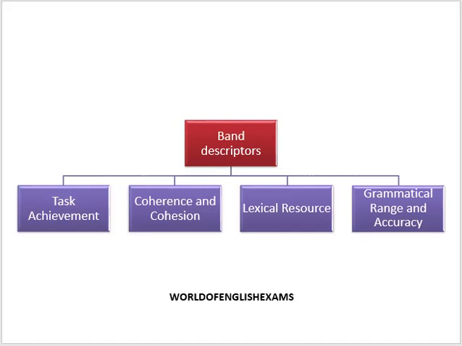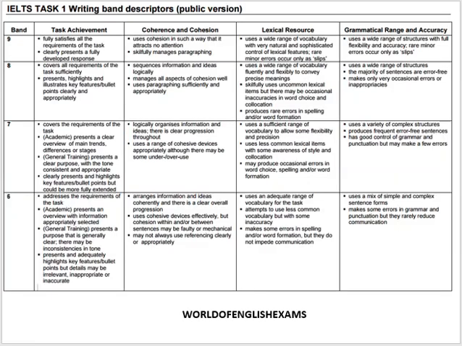If you're showing a range of grammar and your sentences are accurate and related to the context, then you have a high chance of scoring well for grammatical range and accuracy. Once again, to recapitulate, the 4 band descriptors for both academic and general writing task 1 are task achievement, coherence and cohesion, lexical resource, and grammatical range and accuracy.